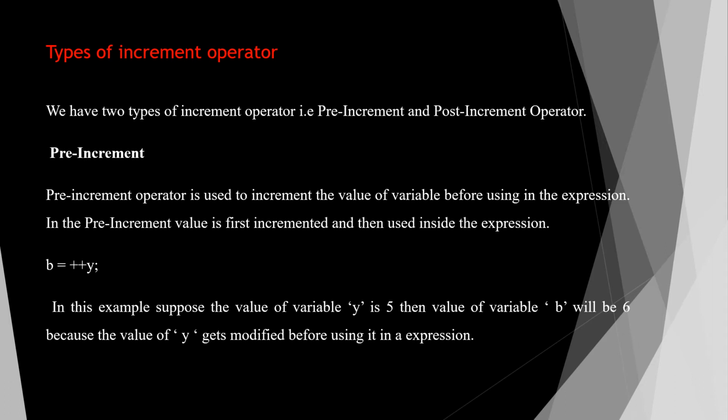For example, b is equal to ++y. Suppose the value of the variable y is 5. Then the value of the variable b is 6, because the value is incremented by 1 first and then used in the expression. So b is equal to 6.